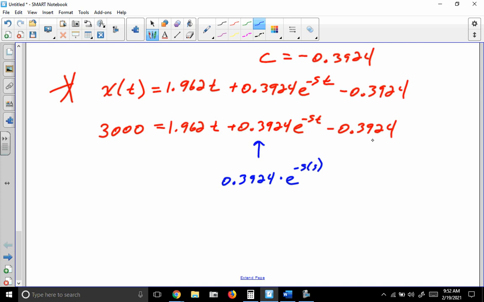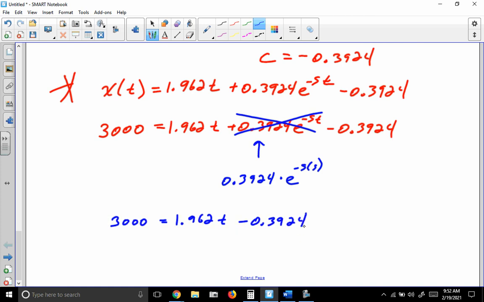So to get a good approximation, we can say that by the time this hits the ground, this middle term is basically adding nothing. It's adding 0.000000 and then eventually some numbers. So we're just going to write that term off. And then we're going to solve using the rest of the equation.